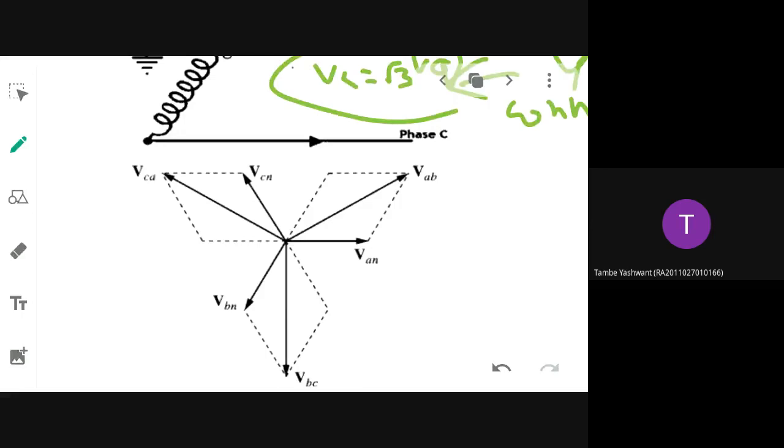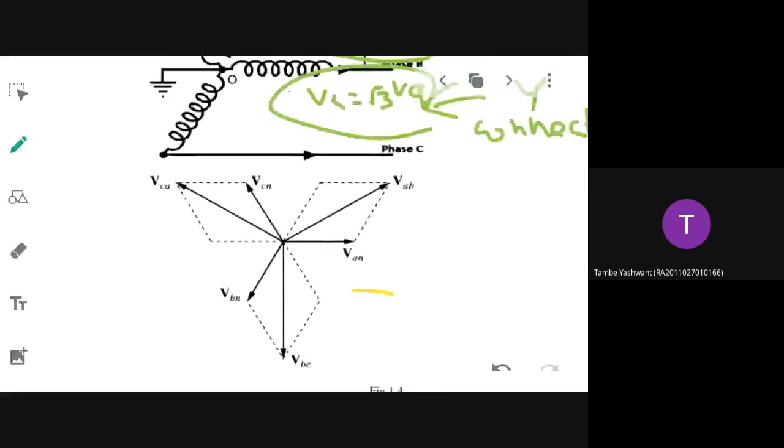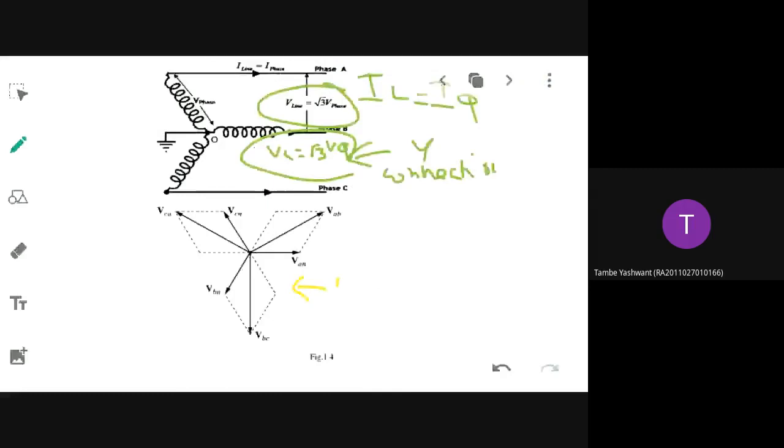Now a rotating vector is called a phasor. This is my phasor diagram. What is a phasor? A phasor is nothing but a rotating vector.